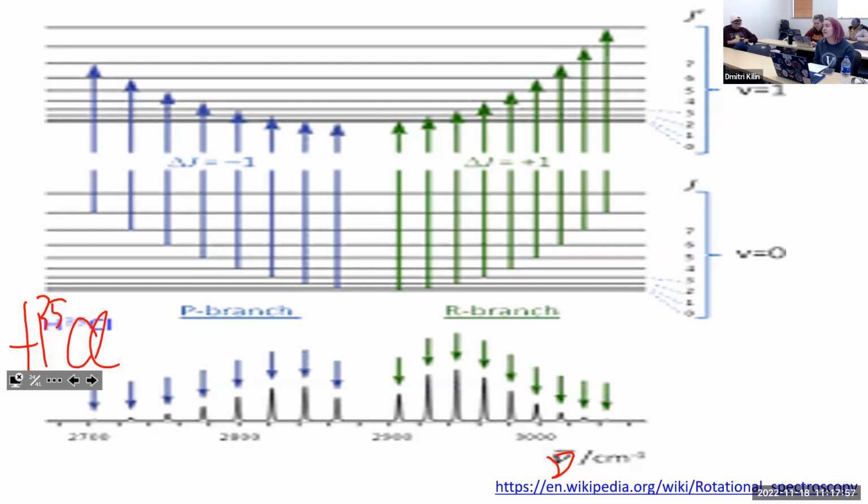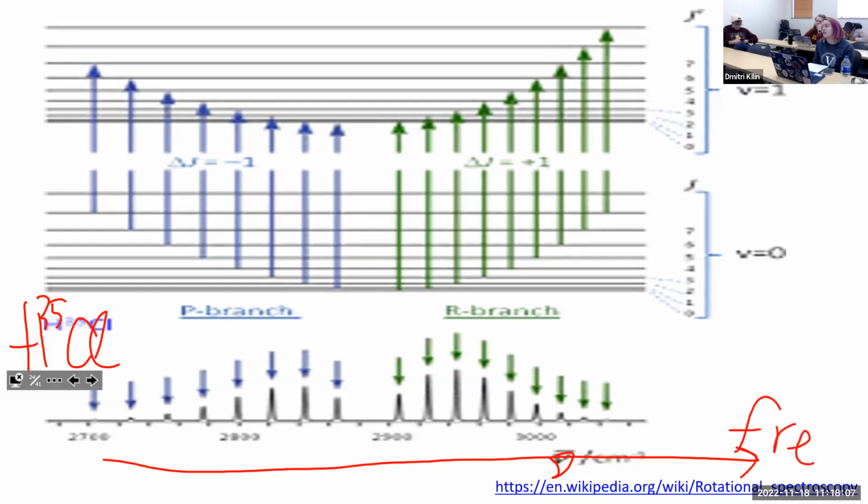So how would you describe the lower panel? On the x-axis is frequency, and on the y-axis is intensity.